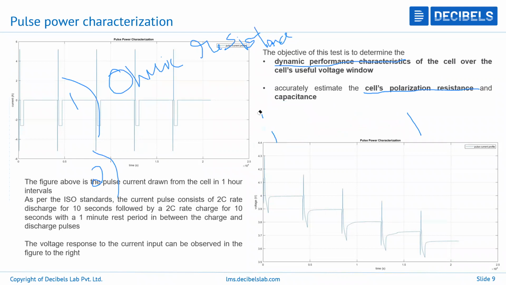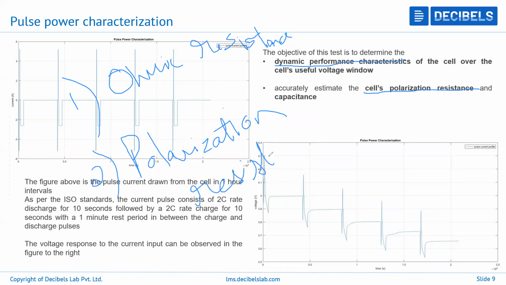So let me just clear this out. It's called polarization. Okay, so I will not go too far in depth into what these types of resistances are and how they occur. You just have to know that mainly because of the material properties and the chemical composition, these two resistances can occur.